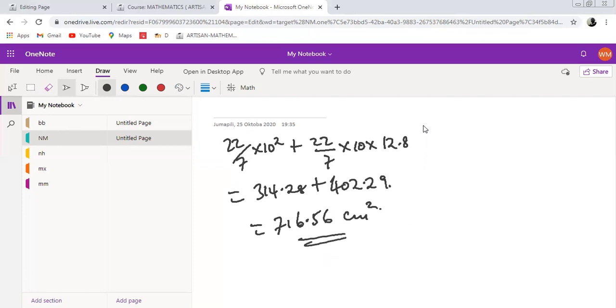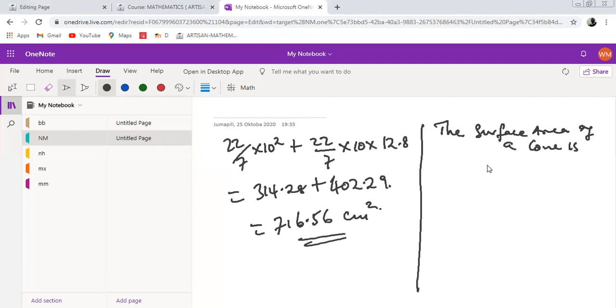You can also be given a scenario like this. You are told that the surface area of a cone is 549 centimeters squared.